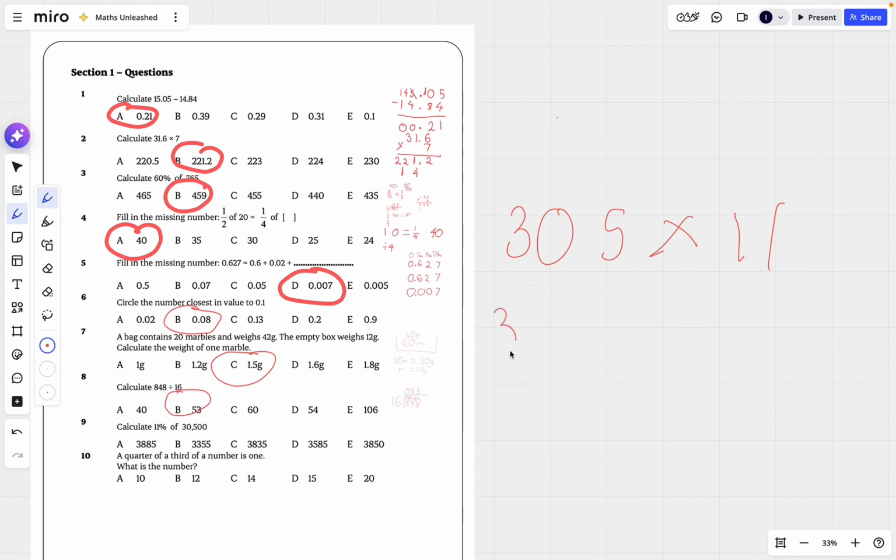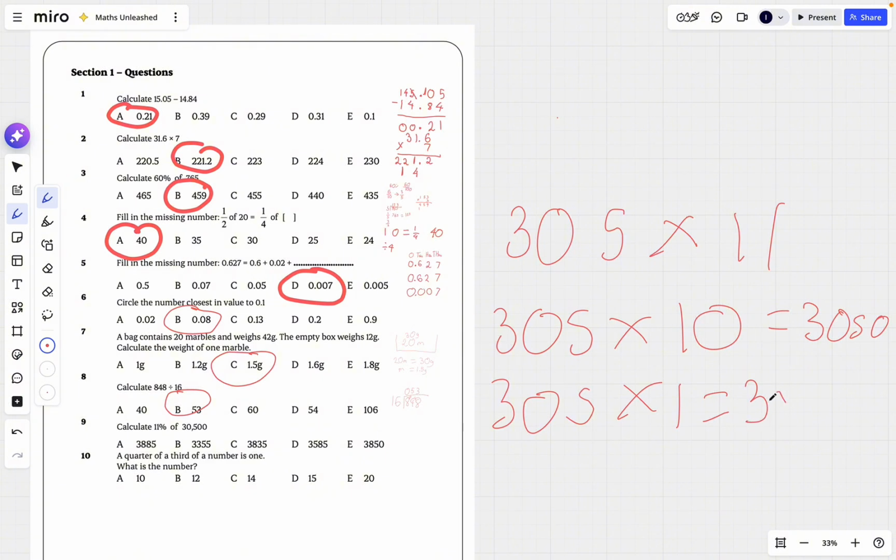We can do this by timesing 305 by 10 first, and then timesing 305 by 1 and adding these together. 305 times 10 is 3,050. 305 times 1 is 305. If we add these together, we get 3,355. This means our answer is B.